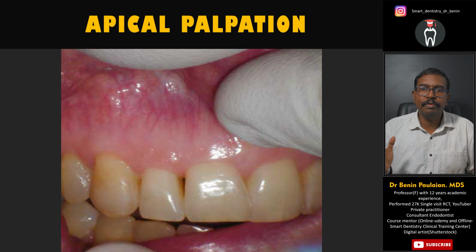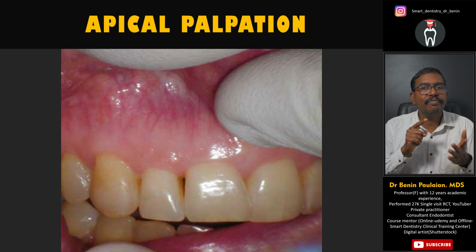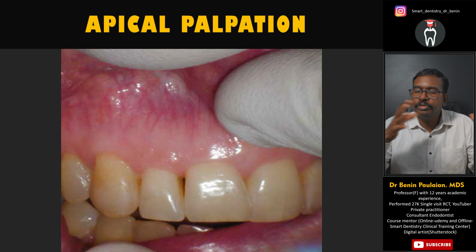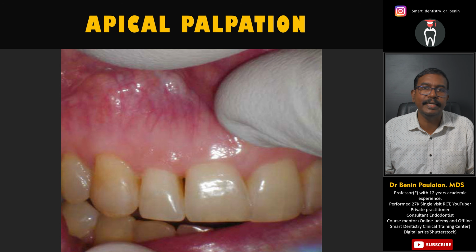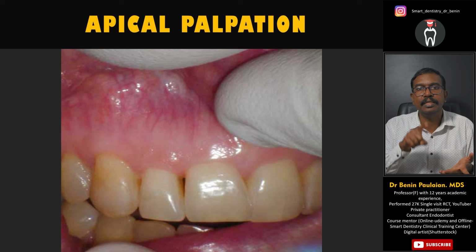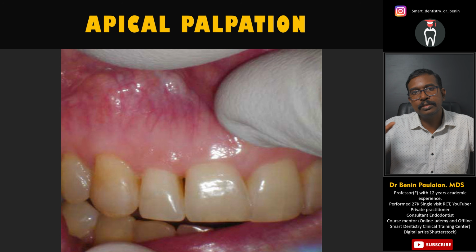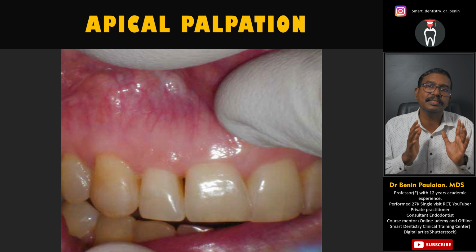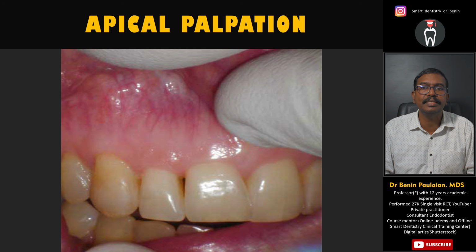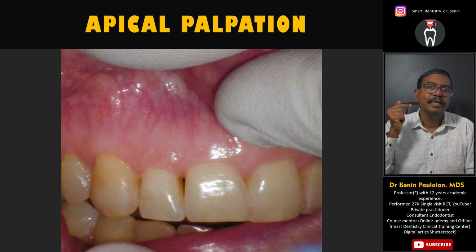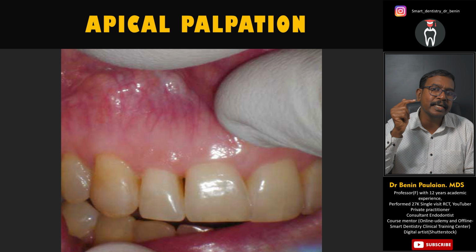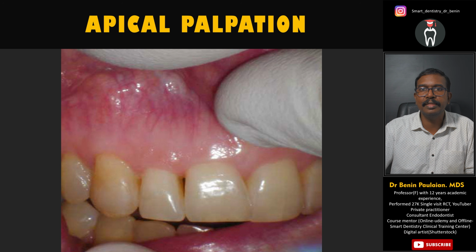Again, there is one technique which I love to do. Even if there is no radiographic change, no tooth discoloration, no pain, no symptoms or signs or any evidence of disease, just try this. With a gloved hand, palpate the periapical region on the buccal aspect of the teeth from the central incisor to the third molar.